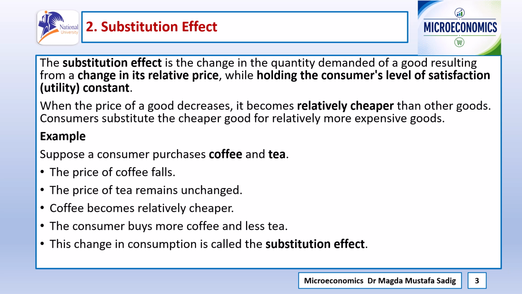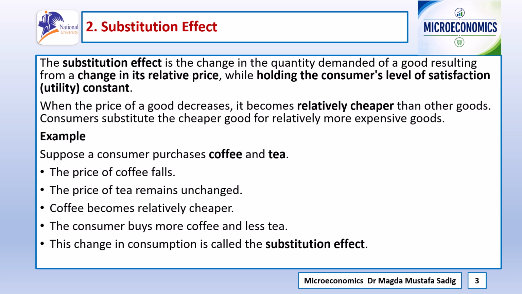Notice something very important. Your income has not changed. Your preferences have not changed. Only the relative prices have changed. That is why this is called the substitution effect. Consumers simply substitute one product for another.